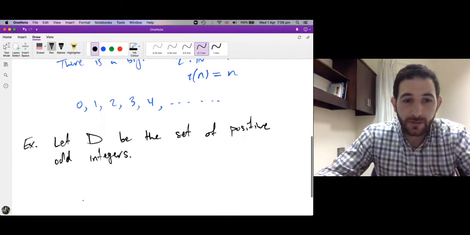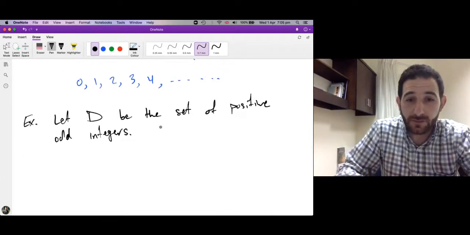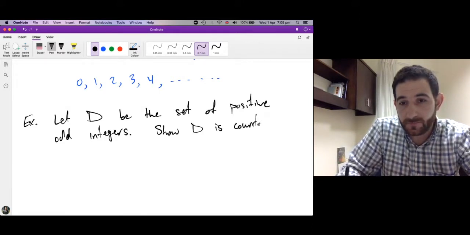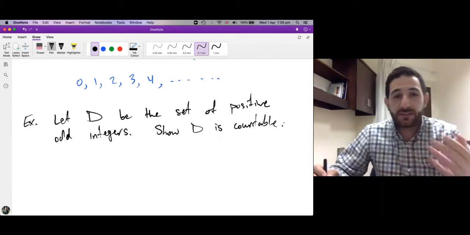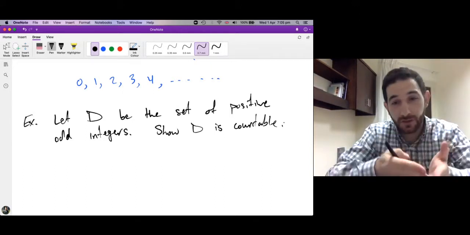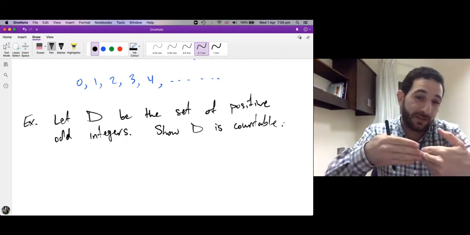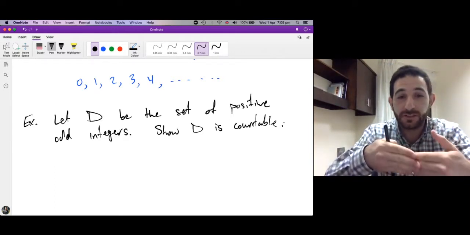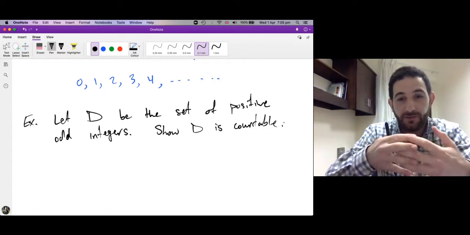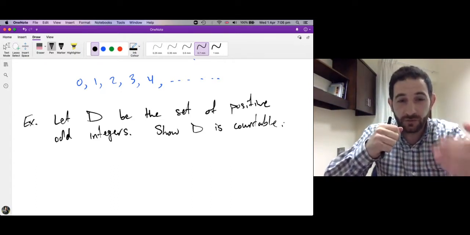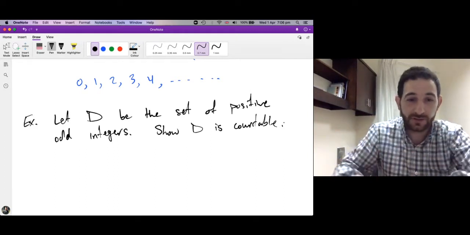The question is, show that D is countable. Okay, how do you show that a set is countable? You have either to show it's finite or it's countably infinite. Clearly, the set of positive odd integers is not finite. They run forever. So this means we need to show that D is countably infinite.